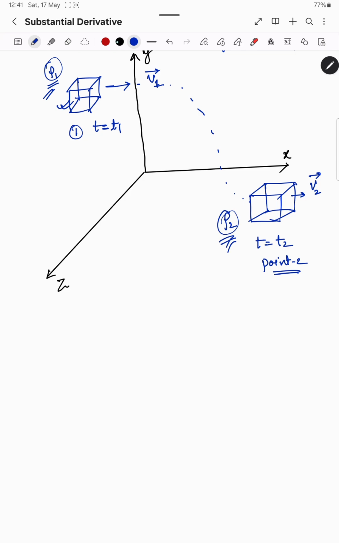The first one is that density can change at a fixed point with respect to time.